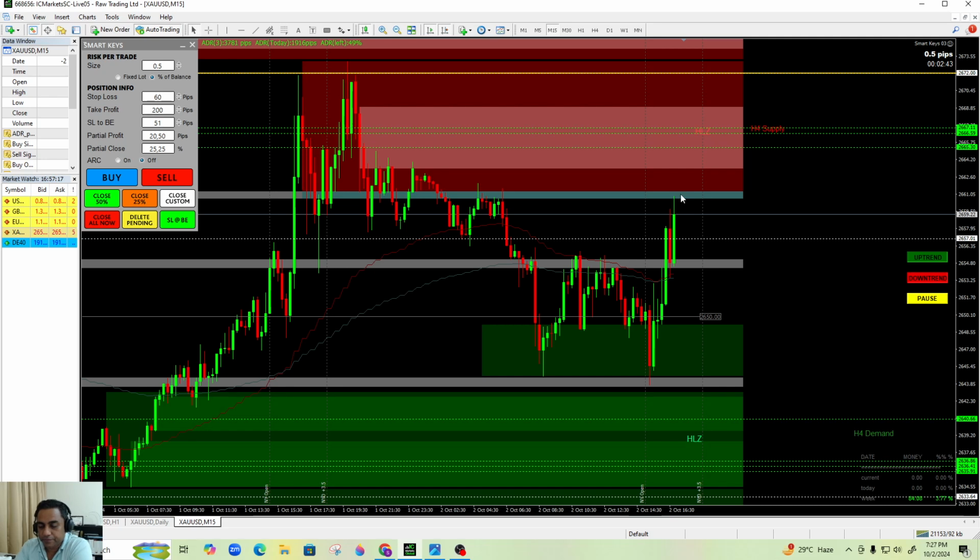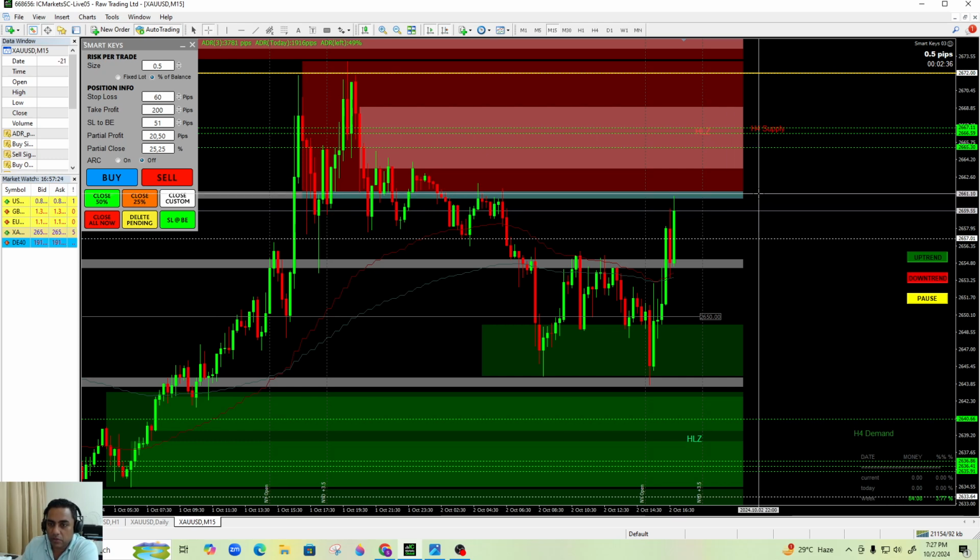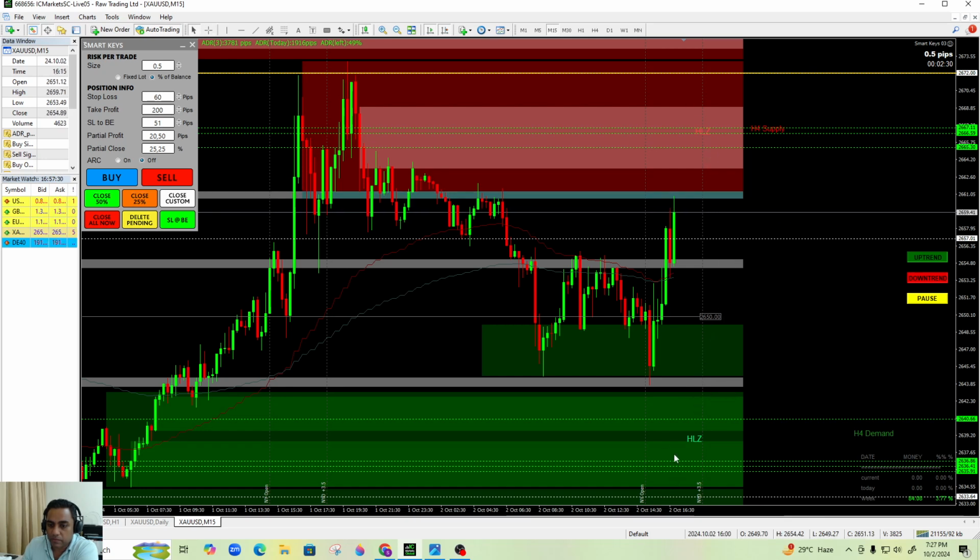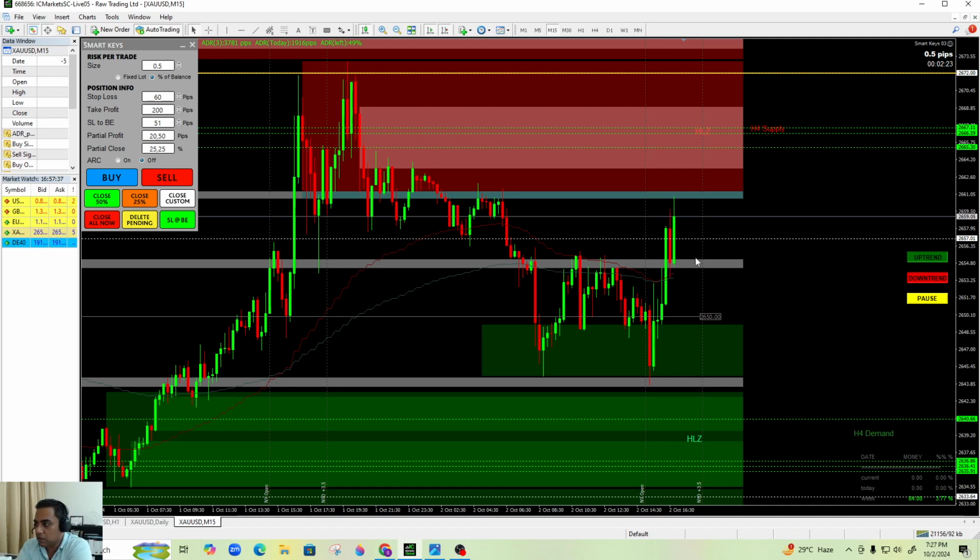That's all it's done. It's just traded between these two zones, hasn't come to any of those zones yet, just zigzagged inside of it.